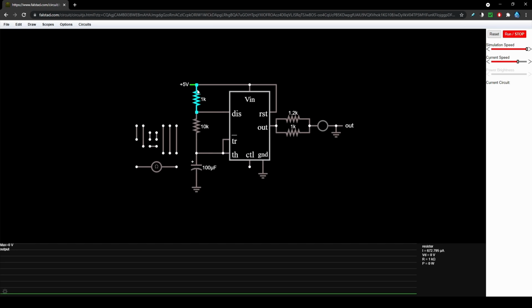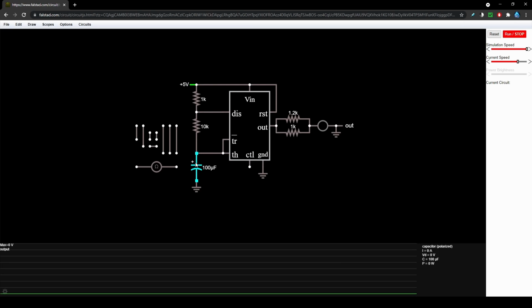It branches off into a 1000 ohm resistor in series with a 10,000 ohm resistor, which leads into a 100 microfarad capacitor, along with a wire that splits off into the threshold pin, which is pin 6, and the trigger pin, which is pin 2.